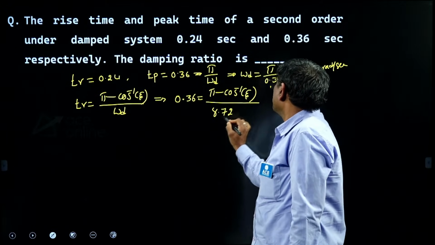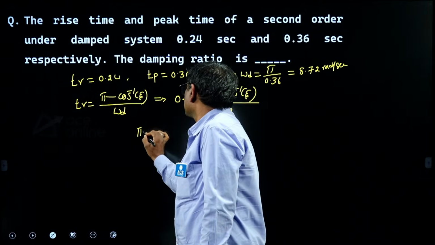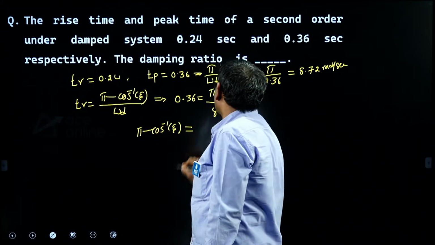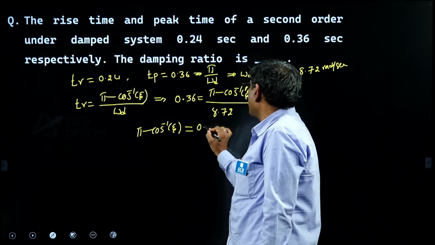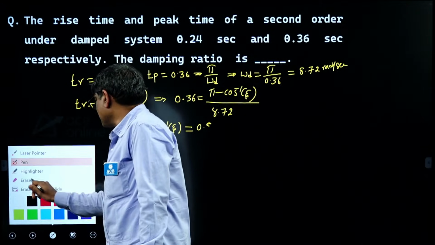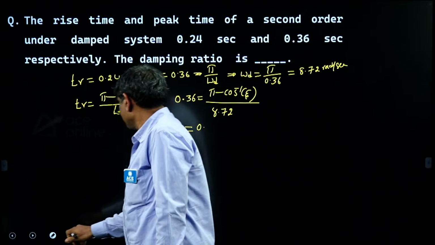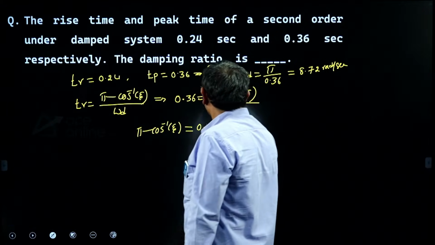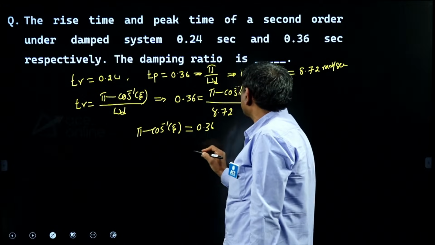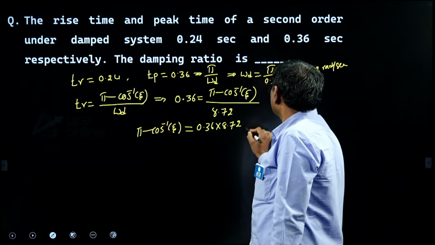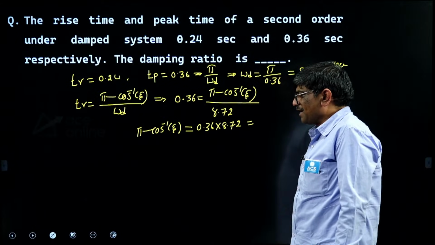Then pi minus cos inverse zeta equals 0.24 times 8.72. So what is the answer?